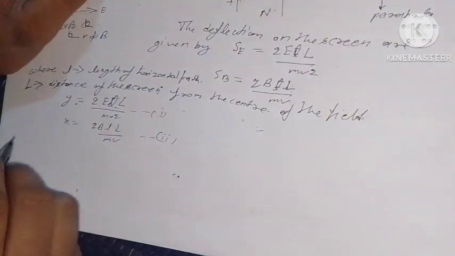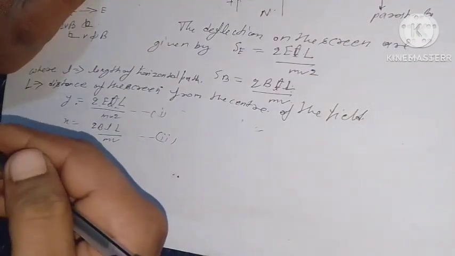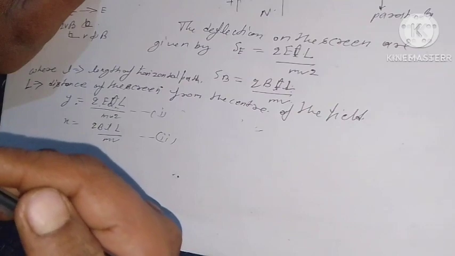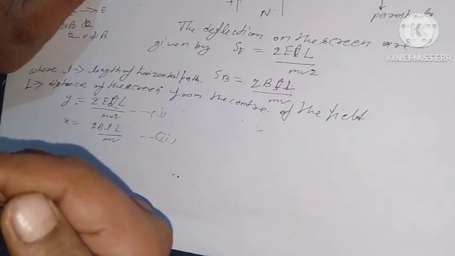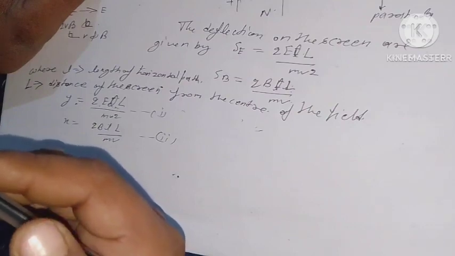To eliminate small v, we square equation number two and divide by equation number one.